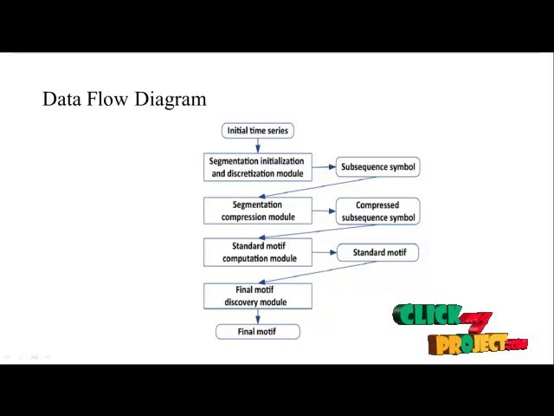The motif is nothing but a computation of finding out the symbols and the values obtained from the standard motif. It will be sent to the final motif discovery model.